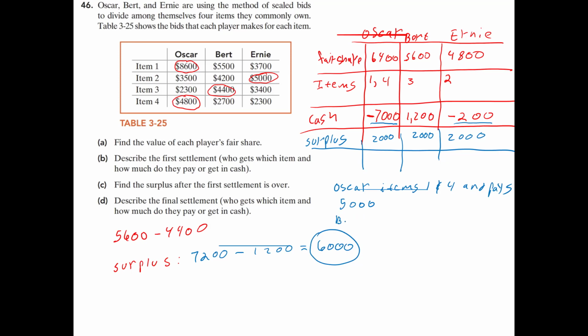Bert gets item 3 and $3,200. And then finally Ernie gets item 2 and $1,800.